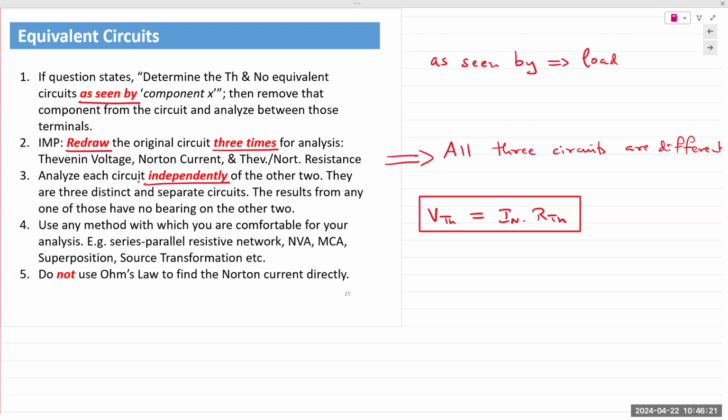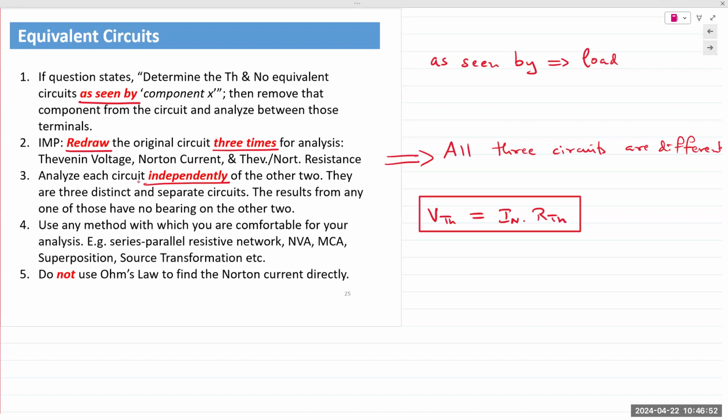That's why some books and some instructors like to say, find the Thevenin resistance, find the voltage, and then calculate Norton current from Ohm's law. But all circuits are not reducible. You would not be able to find Thevenin resistance for some circuits. So at that time, you would find Thevenin voltage and Norton current, and then use Ohm's law to find Thevenin resistance. So there are certain cases where you would need to find Norton current separately.